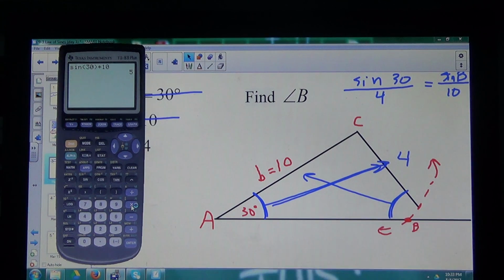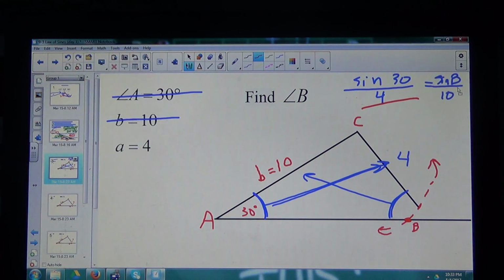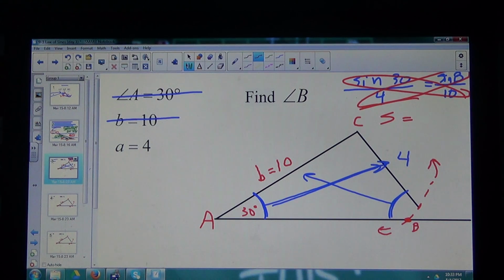Okay, so that's 5. So now if I cross multiply, I'm going to get 5 equals 4 sine of B.